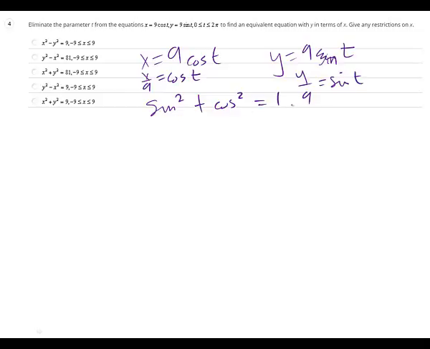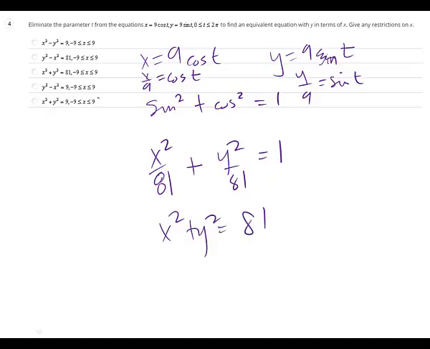I'm going to switch the order: cosine squared plus sine squared. So x squared over, what's 9 squared? 81, plus y squared over 81 equals 1. Then I need to move my 81 to the other side by multiplying. So x squared plus y squared equals 81. Is that this one?